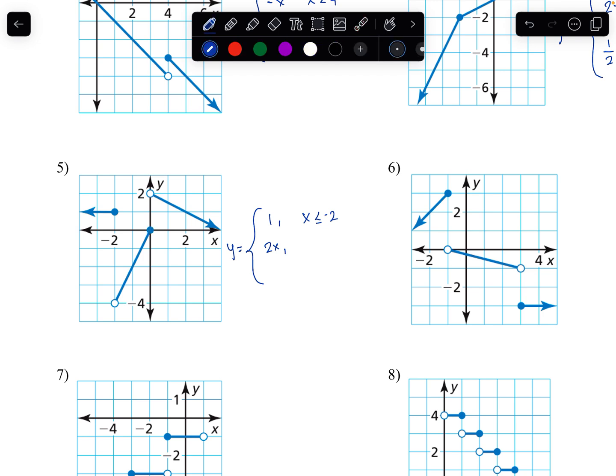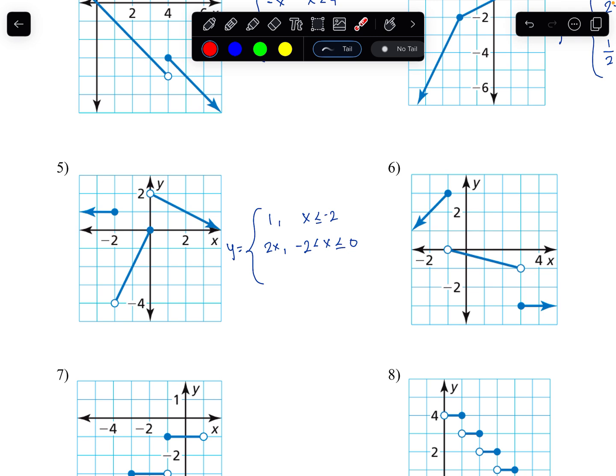And this right here is going to require our compound inequality. Less than x is less than or equal to. On the left side, you're going to put the lowest x value of this interval, so that's going to be -2. And then on the right, we're going to put 0. So this is ranging from -2 to 0.